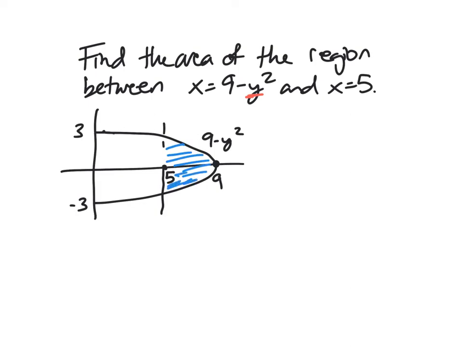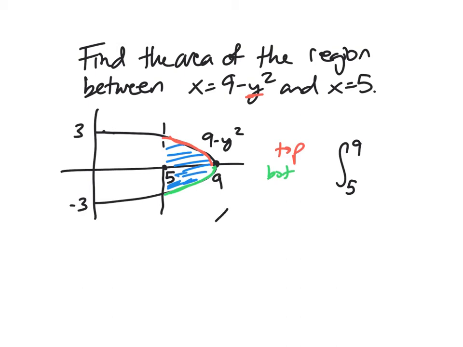And so to find this area, you have a couple of options, and I want to talk about both of them. So you can just do top minus bottom as we did before, right? This is our top in red, and then our bottom here in green is this piece. So here we have to figure out what these functions are, because I was given a function in terms of y, not in terms of x. And so if I want to do this integral from 5 to 9 of top minus bottom, I have to rewrite these.